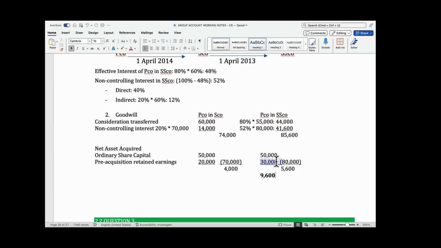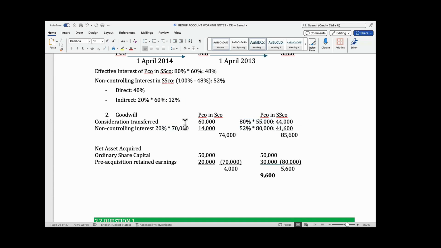No, I'm not going to use that way. Apparently, you haven't revised it. That's why you're saying I should be using that way again, when I've already done that. How did you think we got this 48% and 52% here? I've even broken down this 52% into 40% and 12%. And I've further explained to you that this consideration transferred is how much the parent paid in ESCO and how much he effectively paid in SSCO. And I've told you that the intention of this one is the value of NCI that I want to know, and it's not comparable to this.